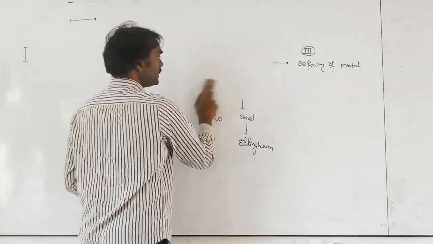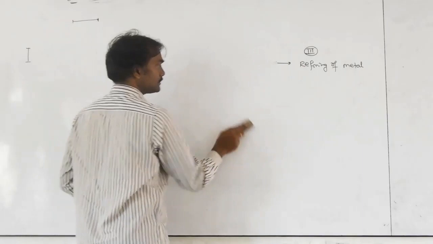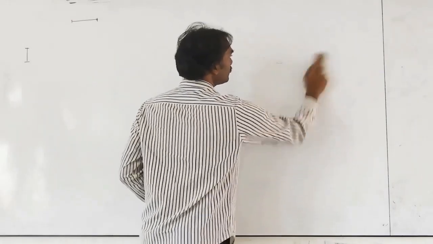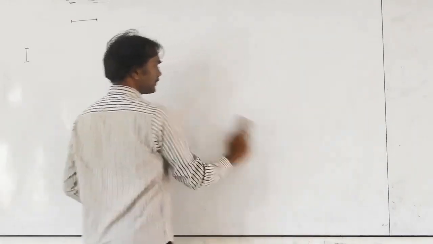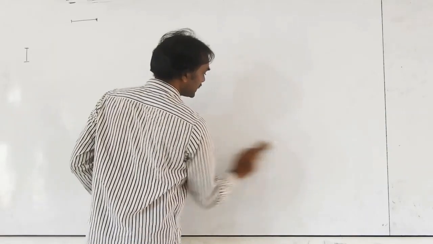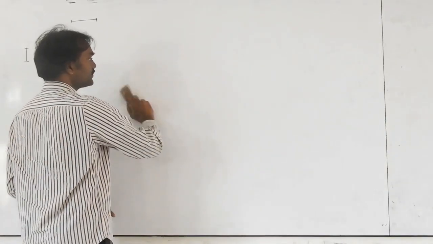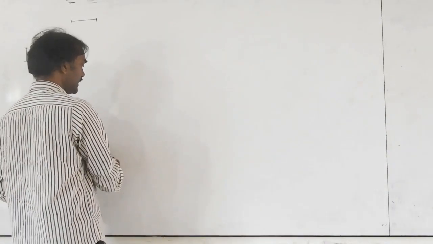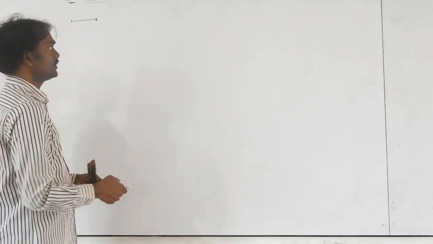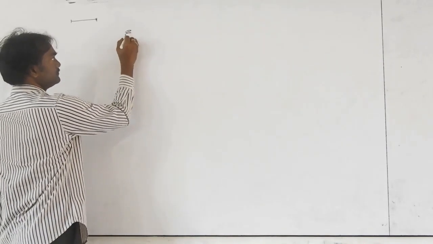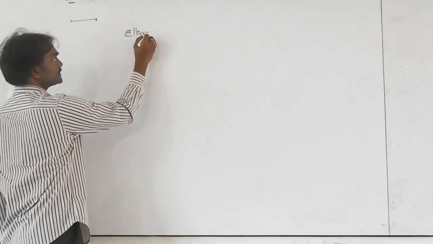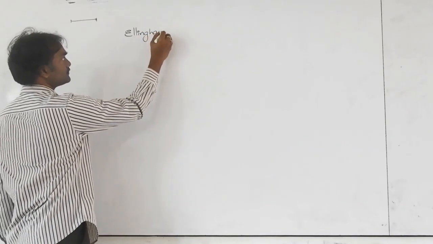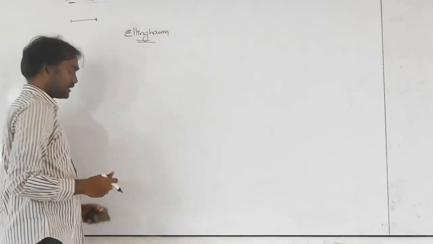What is the main importance of the Ellingham diagram? Without doing any other experiments, directly by seeing the chart, we can easily find out which metal reduces which. The Ellingham diagram was introduced by the scientist Ellingham.